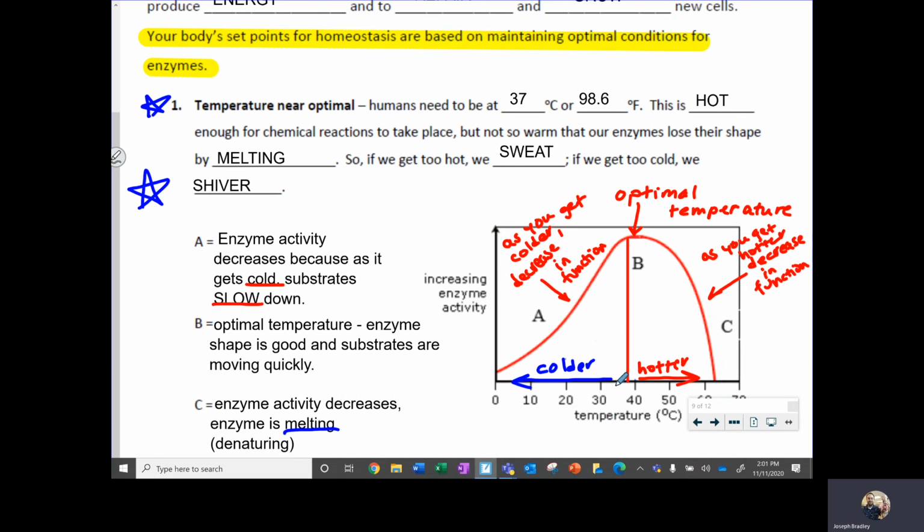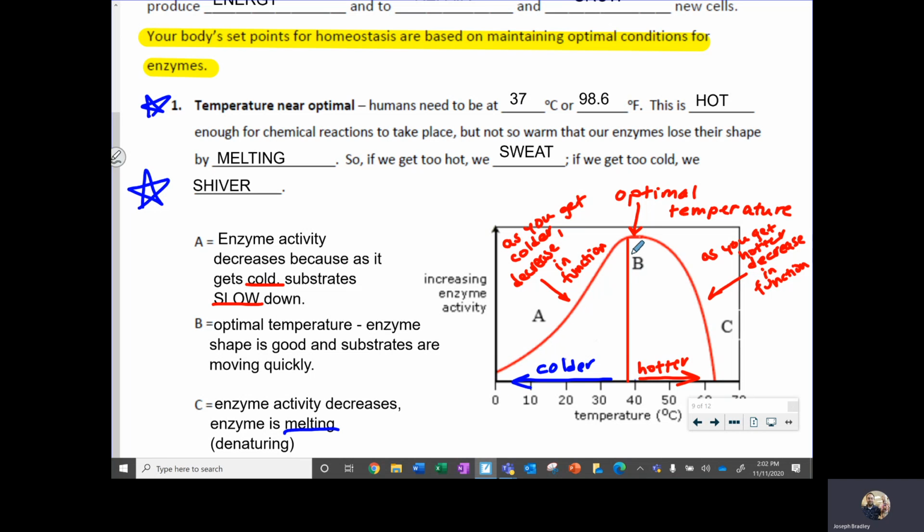As it gets colder, molecules slow down. So the substrates and enzymes are not able to form the enzyme substrate complex, and therefore they can't interact as well. So you'll see a decrease in enzyme activity.